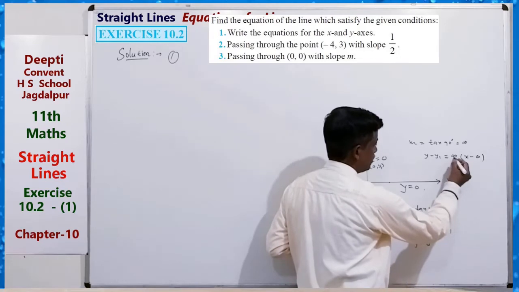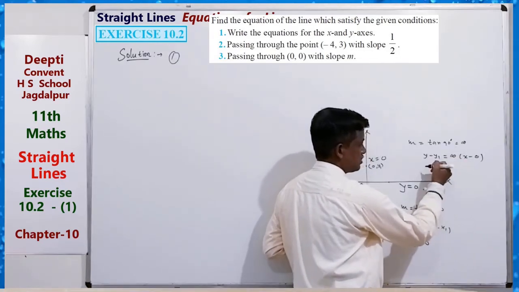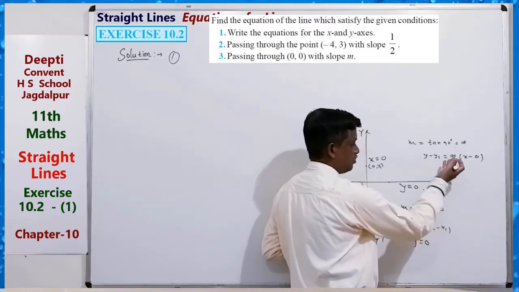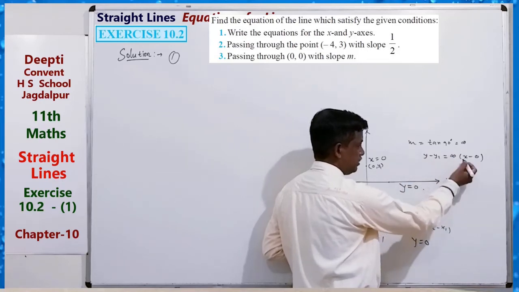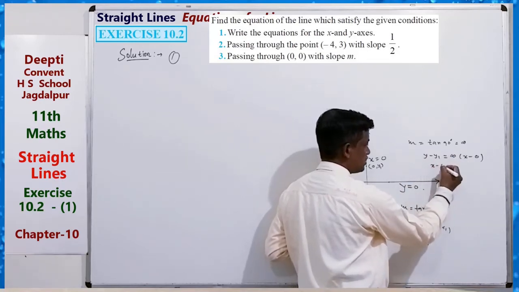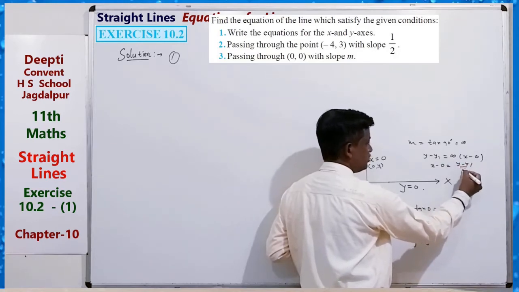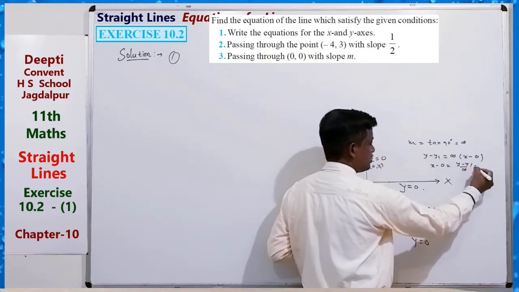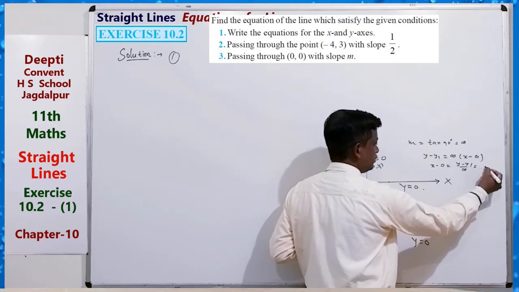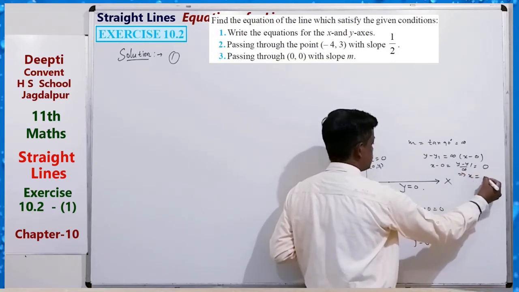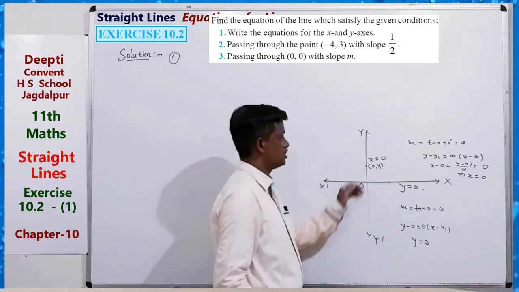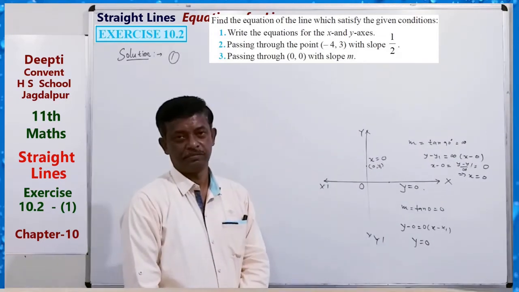So here we can see that x minus 0 equals y minus y1 upon infinity. This equals 0, which implies x equals 0. This is the equation.